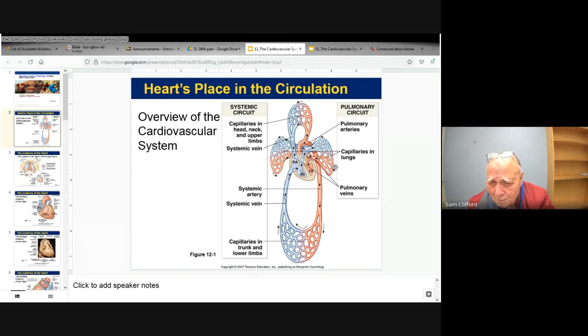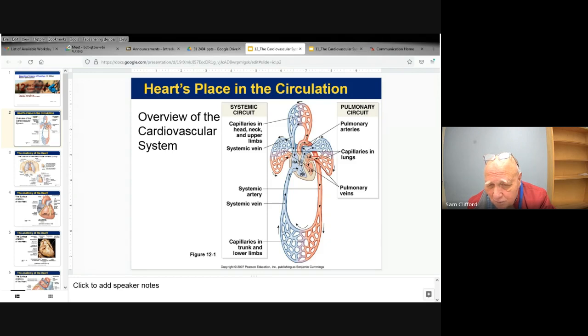Then oxygenated blood comes back to the heart through the pulmonary veins, and these are the only veins that carry oxygenated blood. So the oxygenated blood returning to the heart goes into the pulmonary veins and into the left atrium, and then is pumped to the rest of the body by the left ventricle through the aorta.